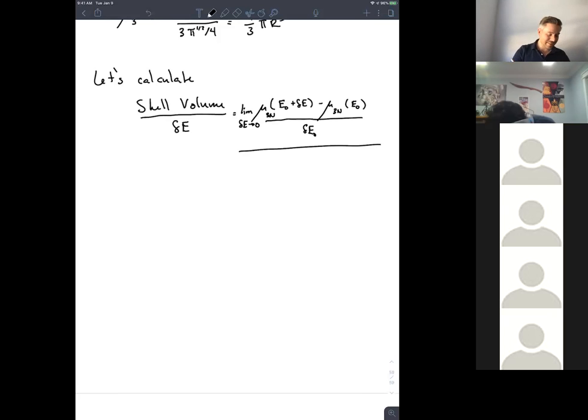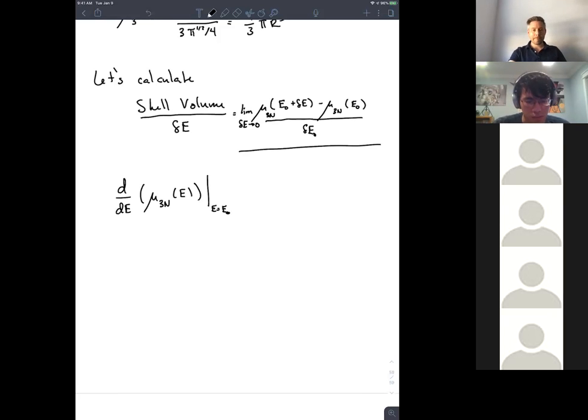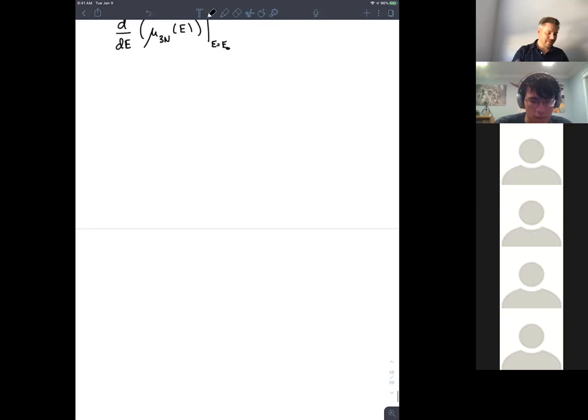Okay, so in other words, what we want to calculate is the derivative with respect to energy of the volume of a 3n dimensional sphere as a function of energy. And then we evaluate this at E equals E naught. All right. Make sense? Cool. All right, so let's do it.